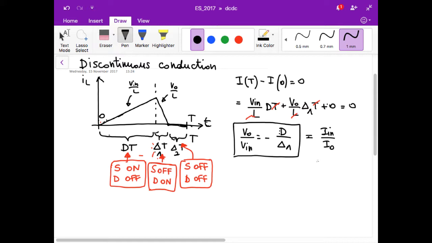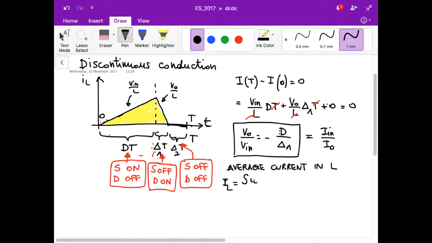So once we have it, we can compute the average current in the inductor, which is I_L large, equal to the integral of the current in time in a period divided by the duration of the period, as we have written before.